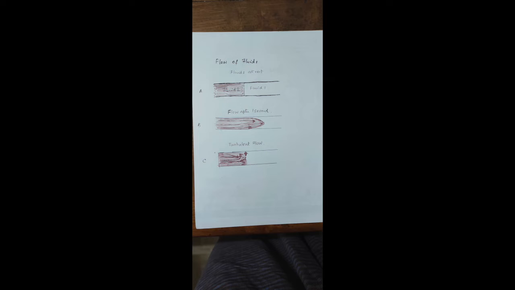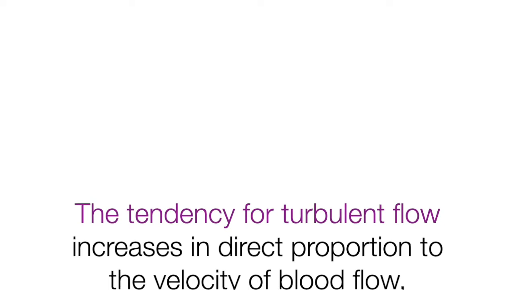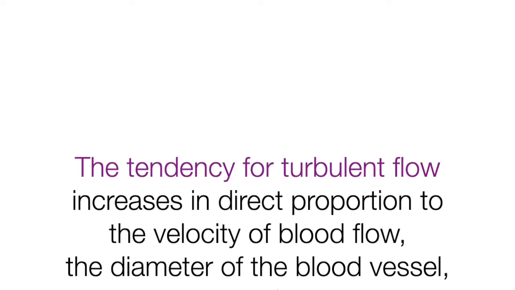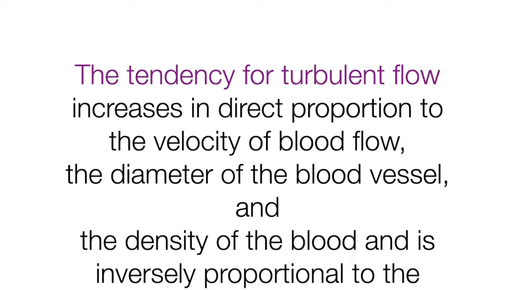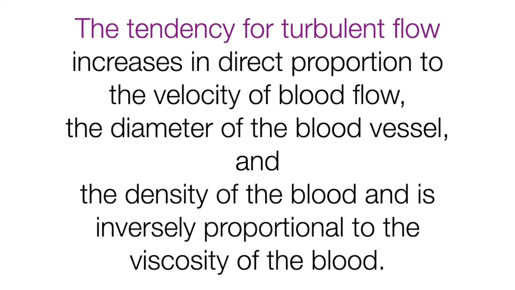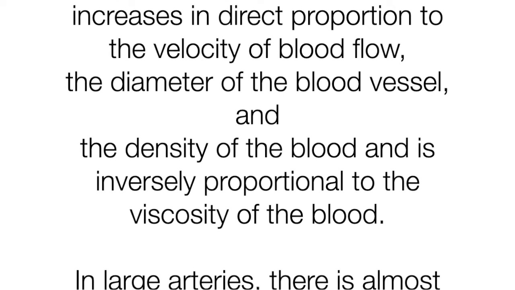When eddy currents are present, the blood flows with much greater resistance than when the flow is streamlined, because eddies add to the overall friction of flow in the vessel tremendously. The tendency for turbulent flow increases in direct proportion to the velocity of blood flow, the diameter of the blood vessel, and the density of the blood, and is inversely proportional to the viscosity of the blood.